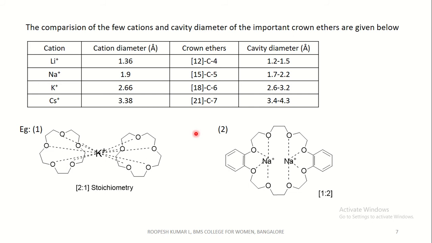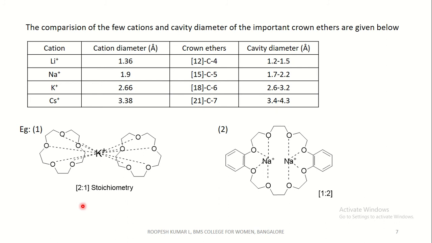For example, the lithium ion can't fit into this larger crown ether, and the potassium ion can't fit into this smaller crown ether, because the cavity diameter matters a lot, the size matters a lot.